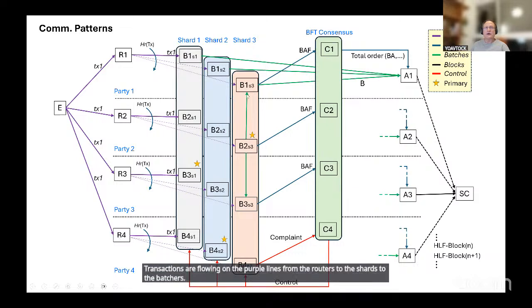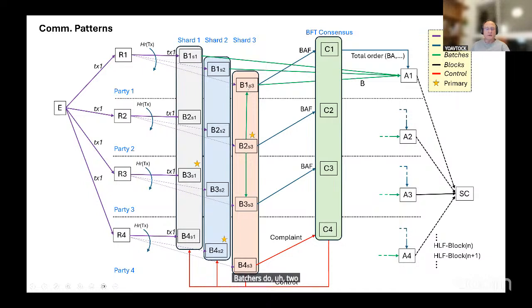Batchers do two different things. First of all, they replicate within the shard, in the green lines, and then they send full batches. The full batches are consumed from the batchers directly by the assemblers. And batchers submit fragments or digests to the consensus cluster.